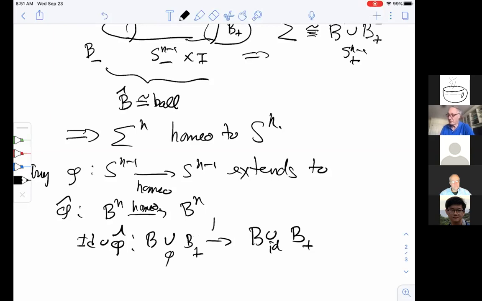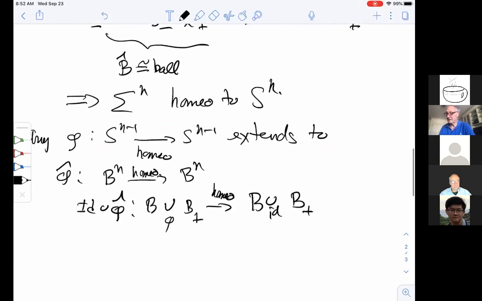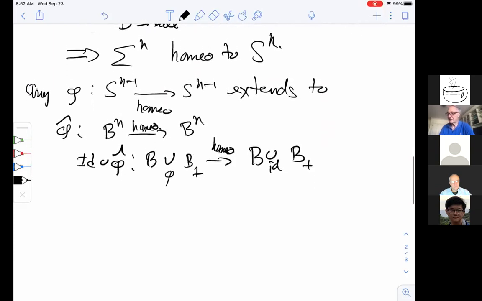This is a homeomorphism. It's only a homeomorphism, not a diffeomorphism, because even if phi is a smooth diffeomorphism, the extension in general can only be taken to be a homeomorphism.